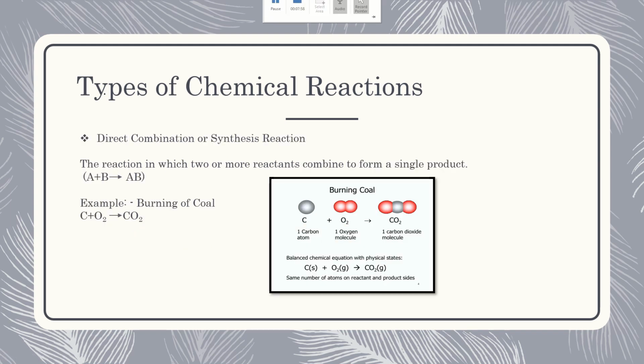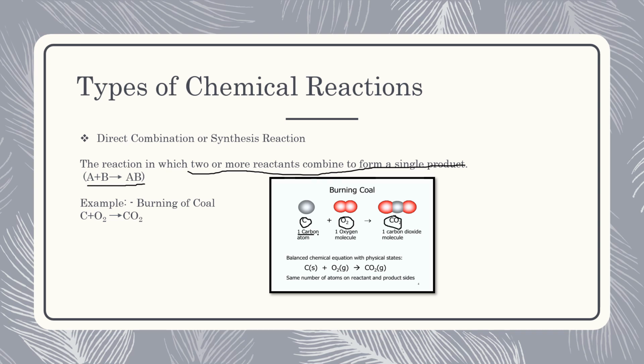Yes. So the direct combination or synthesis reaction, as we can see, is a reaction in which two or more reactants combine to form a single product. So here it would be in the form of A plus B, which gives AB. As you can see in the example here, we have carbon and oxygen, which gives us CO2, carbon dioxide.